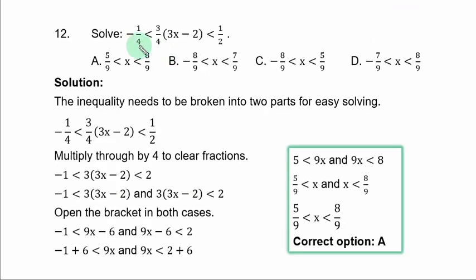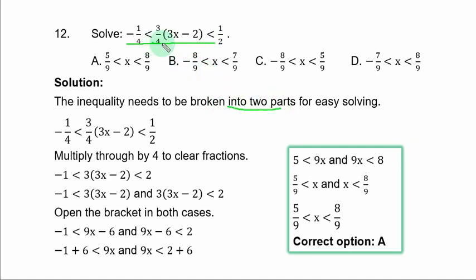Question 12, solve minus 1 over 4 less than 3 over 4 bracket open 3s minus 2 bracket close less than 1 over 2. You cannot obtain a direct solution here. You need to break the inequality into two parts.